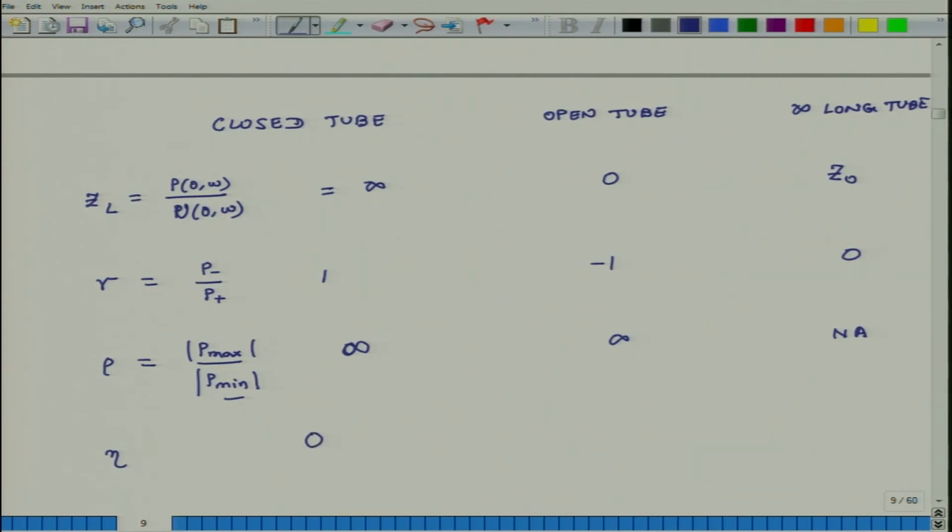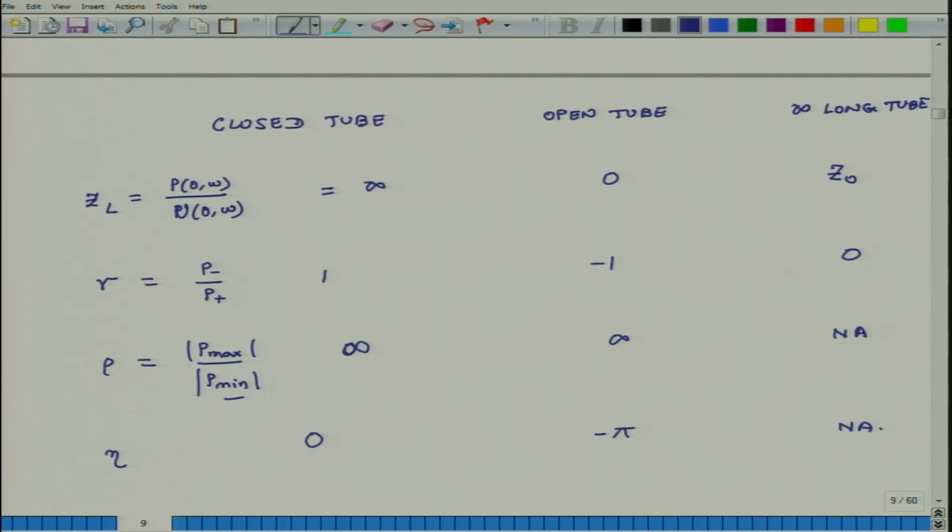In this case it is negative pi, or you can also call it pi, and in this case it is not applicable. So, this gives you an overall view of some of the important characteristics of a closed tube, an open tube and an infinitely long tube.